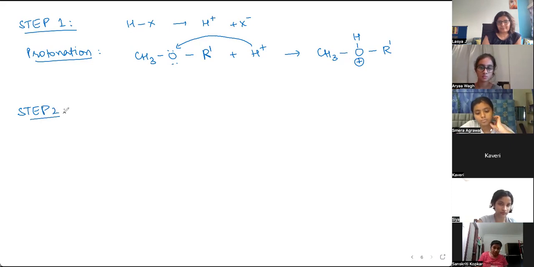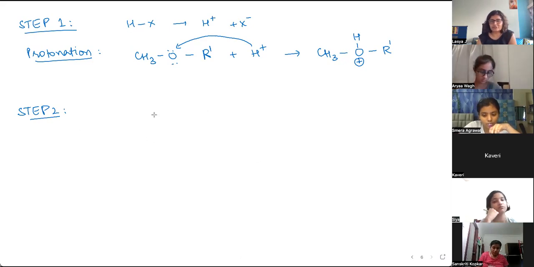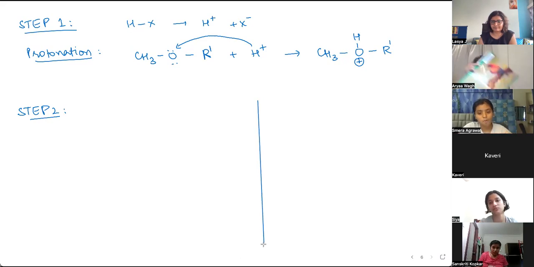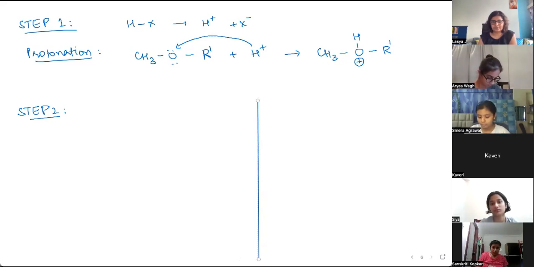Once this is done, step 2. Either you can write down one after the other or you can divide the page depending on how your notes are. But here's where it splits depending on what R dash is.